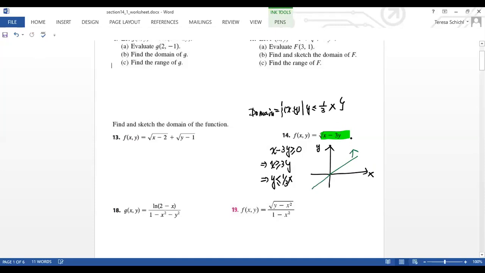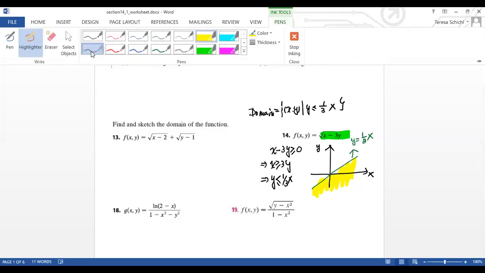So this line is y equal to 1/3 of x. We said the domain has to be y less than or equal to that, so the domain will be everywhere in this region, including the line here. That's what we mean by the graph. Okay, so that's pretty simple.